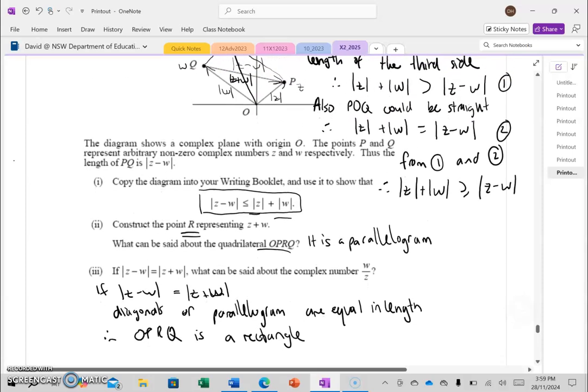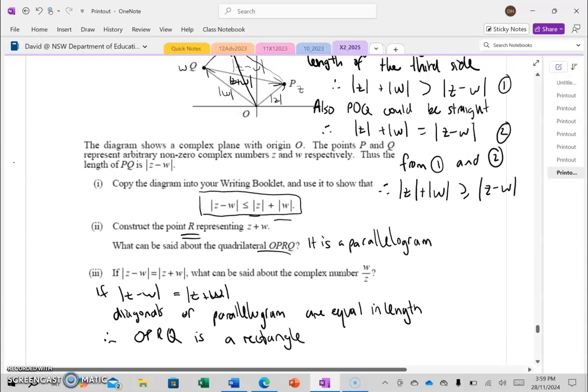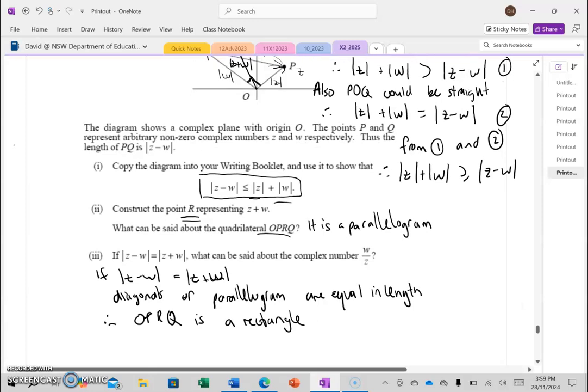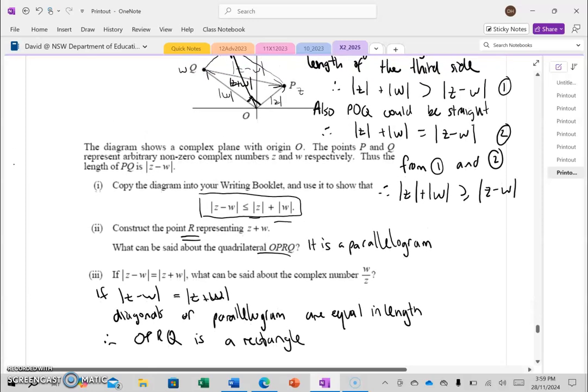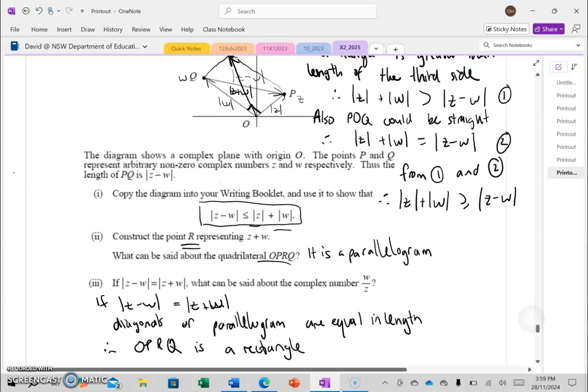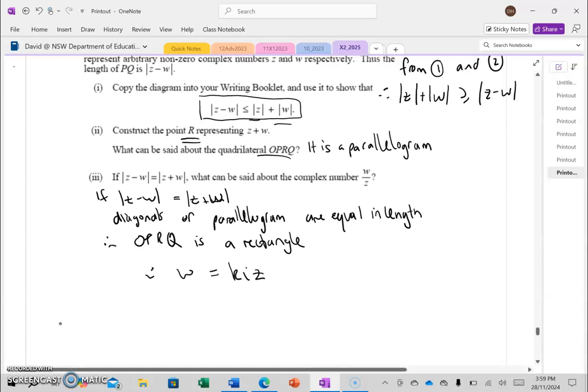So what can be said about the complex number W over Z? Well, let's have a think. If we're a rectangle, that's going to be a right angle. So we're rotating to get from P to Q, we're rotating anti-clockwise by 90 degrees. So therefore we can write W is equal to KiZ.